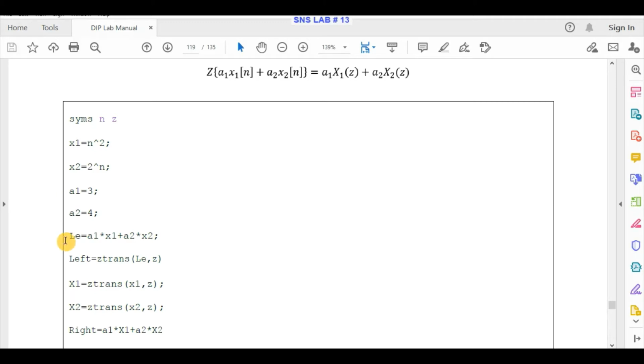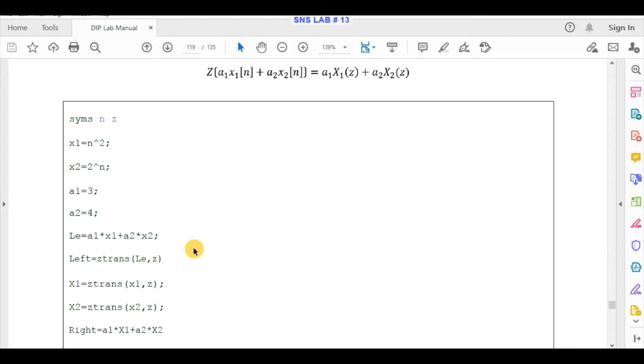So the expression will be a1 multiplied by x1 plus a2 multiplied by x2 as stated here in the equation. Now we will take Z transform of this expression, and Z transform will be computed by the function of MATLAB, ztrans.